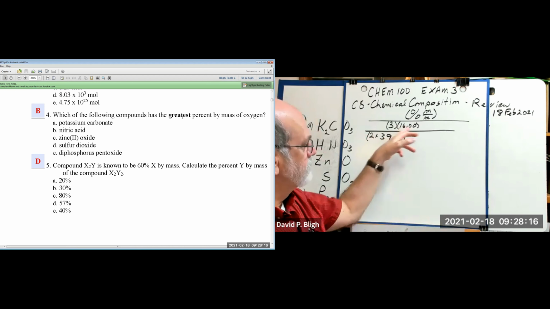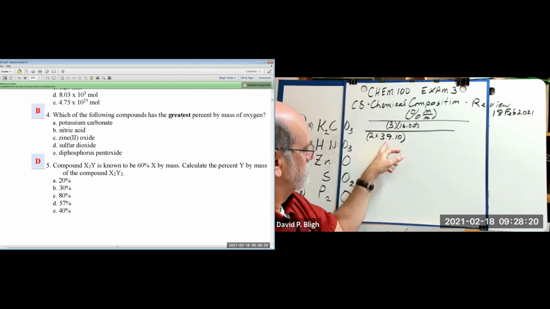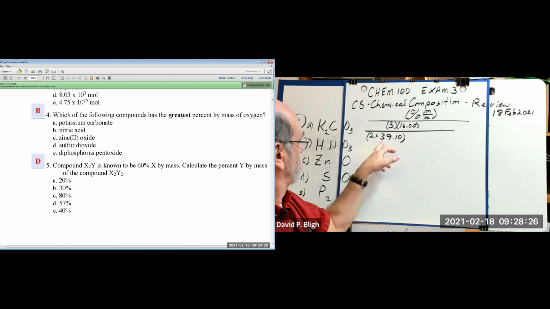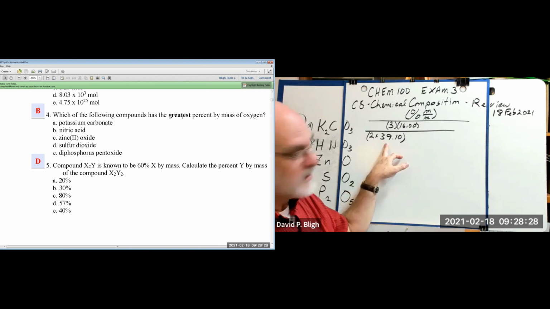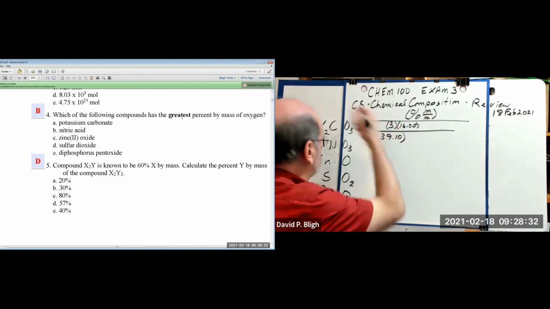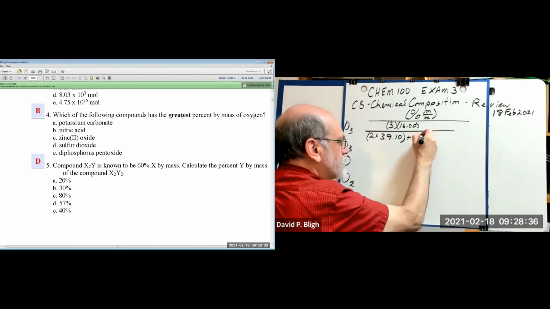Then you actually have 48 grams of oxygen, and you have 78.2 of potassium, plus the oxygen, plus the carbon. So we'll do them in order. Then we'll do the carbon, which is only one of them.